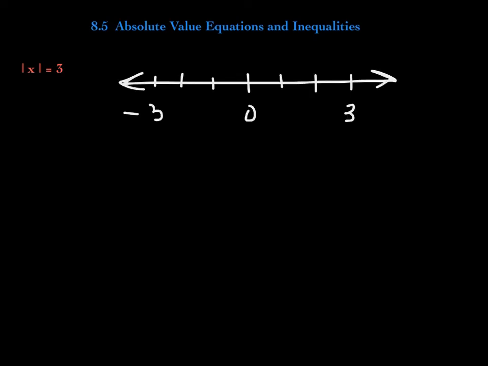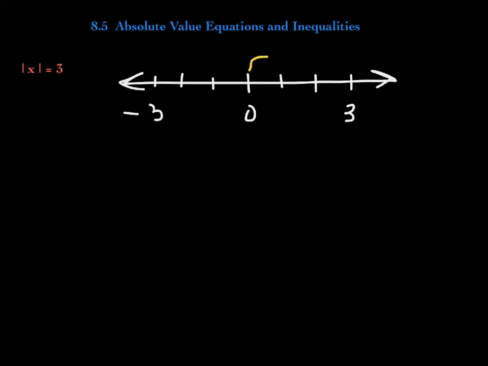So when you read this statement, it's really saying, find me all of the numbers whose distance from 0 is 3 units. Here's a picture. This is my x-axis, and what I really want is to find all of the numbers that are 3 units away from the origin, or from 0.